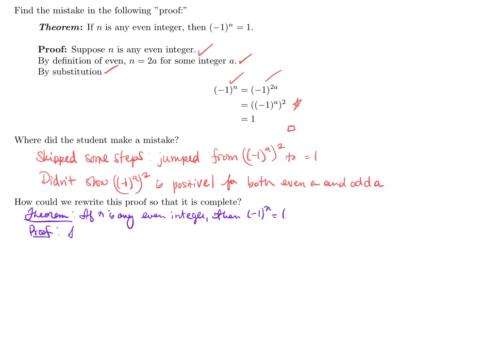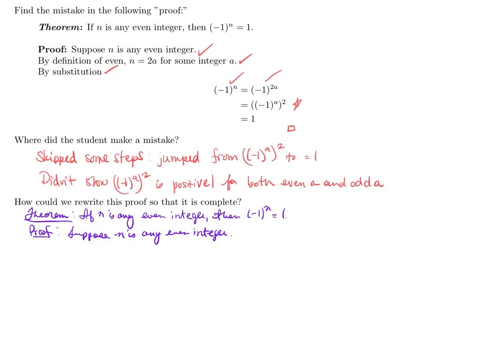And then we will write our proof. We're going to follow the same thing. Suppose n is any even integer. And remember from chapter 3, you could also just say an even integer, because that's an implicit quantification for any, our universal quantifier.